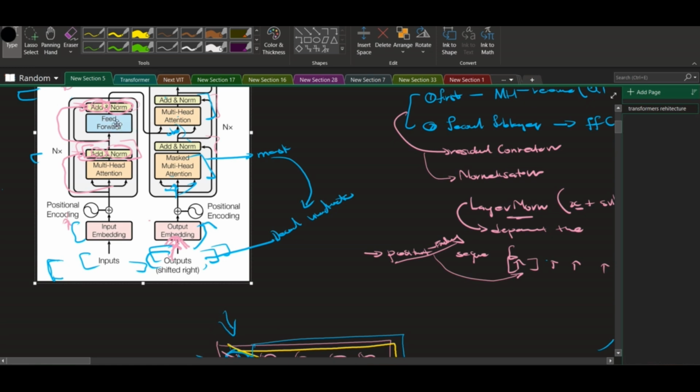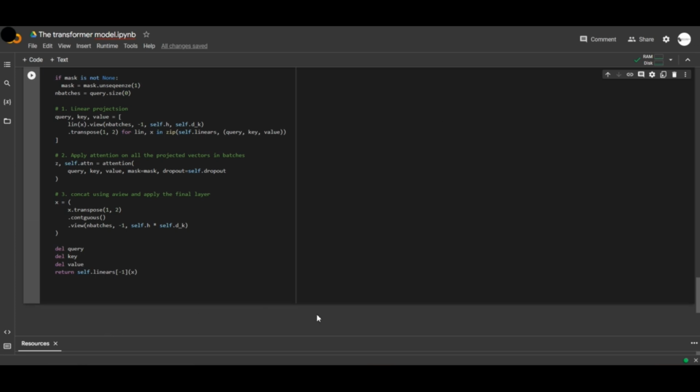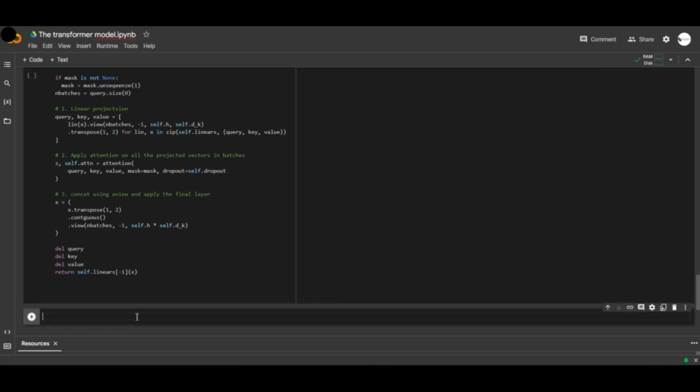So let's code this feed-forward. They're calling it position-wise because it takes the output in parallel from the multi-head output. Okay, so it's going to be a feed forward class, and we're going to pass in the module.